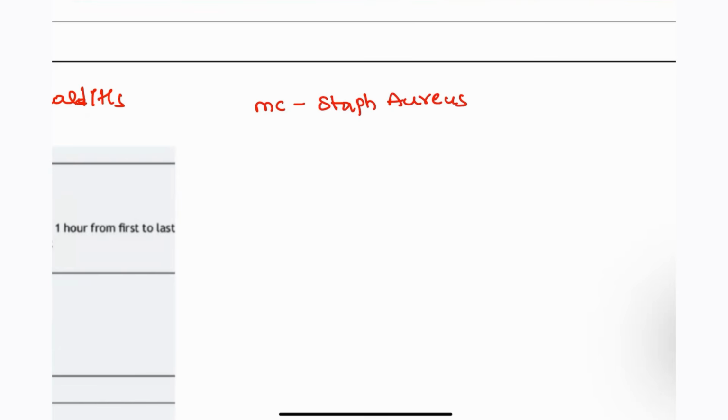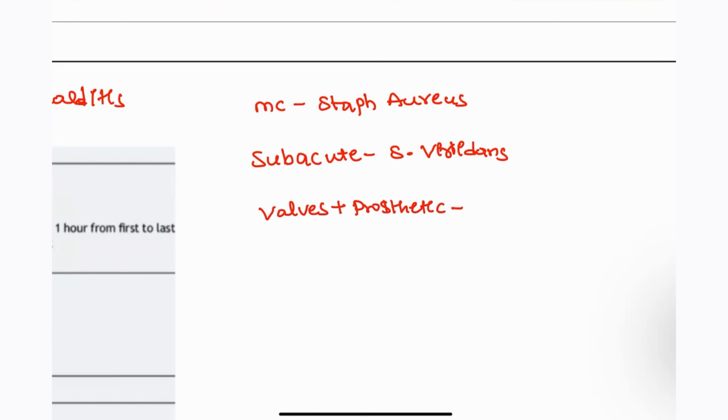Then we also have the subacute type. This is due to Strep viridans. Next, if the patient has prosthetic valves, it can again be due to Staph aureus.